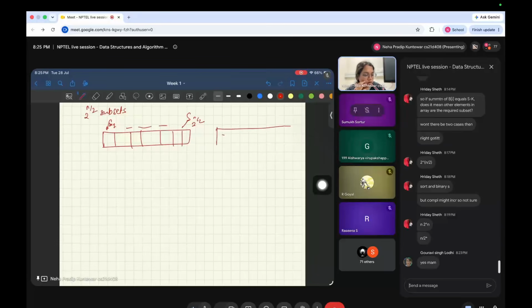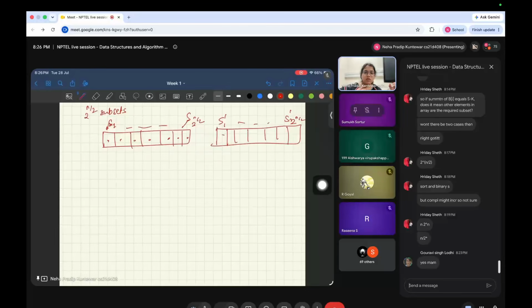And similarly, you have the set of sums for the other half. And let's assume now it's not even sorted. You've just looked at the subsets and you've put the sum here.